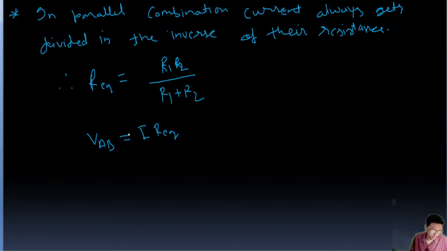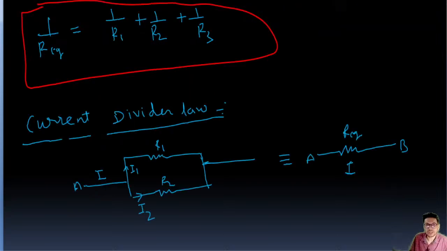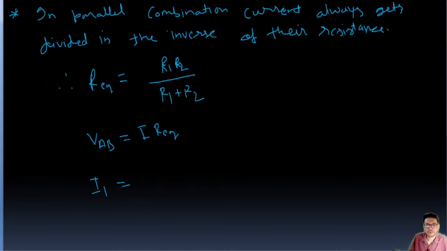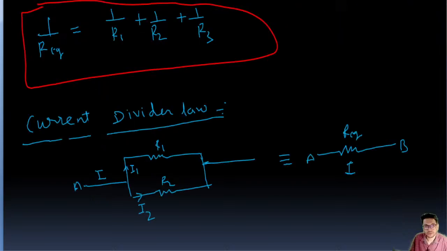So now we'll find out I1. I1 is going to be VAB upon R1 for this circuit.